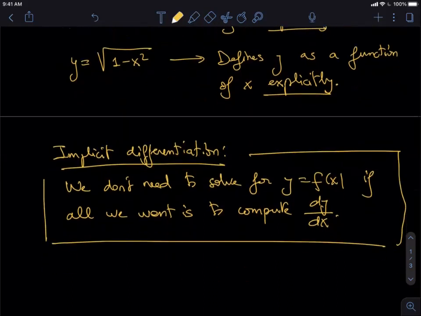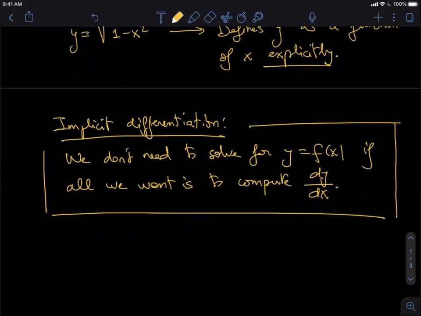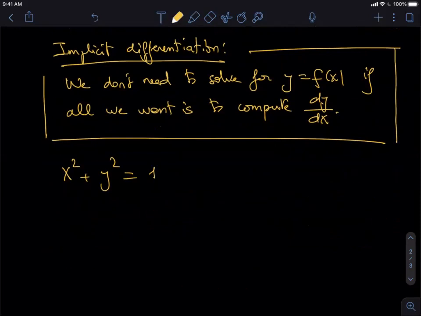Okay, so how is that possible? All right, so let's do the same example. Let's finish it, and then we move on to something more complicated.